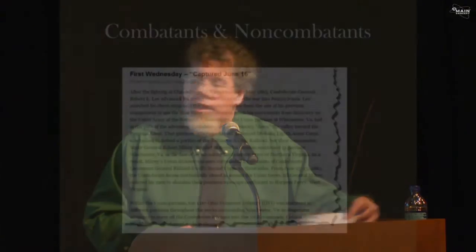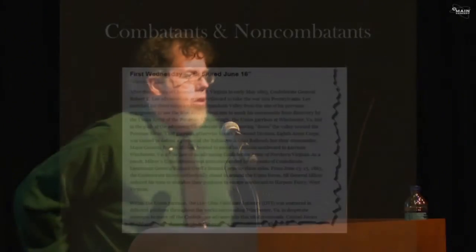Another thing I want to show you, since I'm talking about paroles: I did a blog post back in June of 2013. It seems like 1,000 years ago, doesn't it? It was on the capture of an order book of the 116th Ohio Volunteer Infantry at the Battle of Winchester. Colonel James Washburn, who was the commander of this Ohio unit, was captured and paroled.